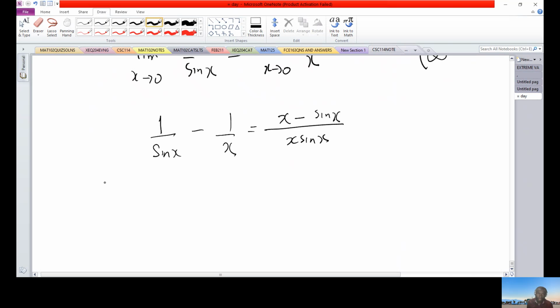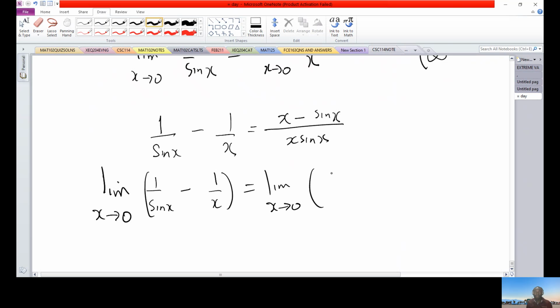So that now we have limit as x approaches 0 of 1 over sine x minus 1 over x is the same as limit as x approaches 0 of x minus sine x over x sine x.